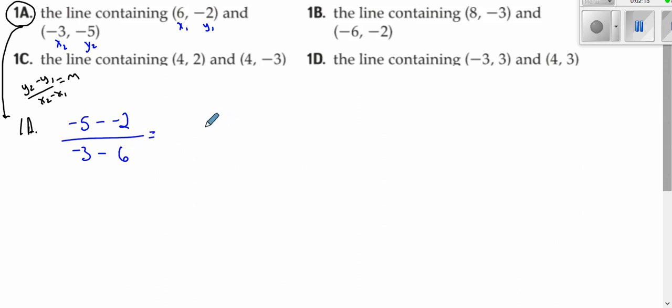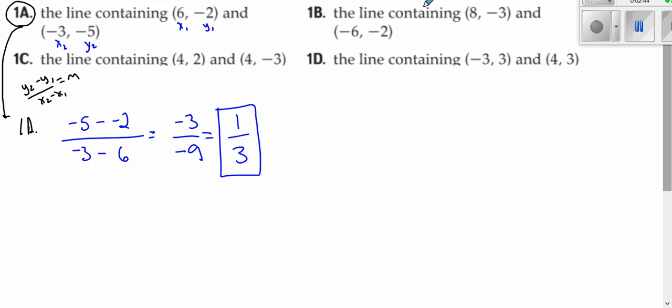If you're not good with adding and subtracting positive and negative numbers, you might want to just use a calculator. Negative 5 minus a negative 2 would be negative 5 plus 2. Negative 5 plus 2 is negative 3. Negative 3 minus 6 is a negative 9. If we simplify this, the negatives would cancel, and then 3 goes into both of these. 3 goes into 3 one time, 3 goes into 9 3 times. This is the slope of 1A.